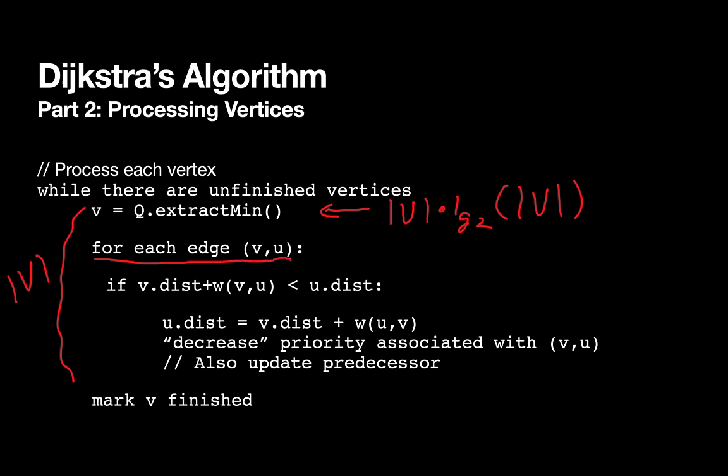So remember, we're using an adjacency list, so when we're at a particular vertex v, we'll be able to iterate through this relatively quickly. So this loop will basically iterate the number of outgoing edges for a particular vertex. And it will happen for every vertex in our graph.